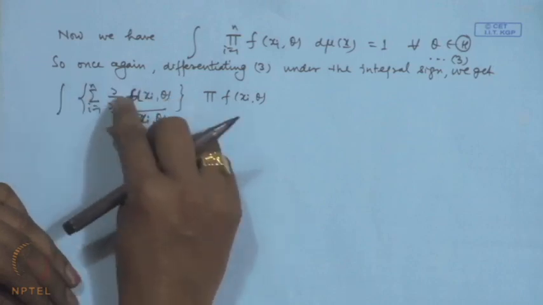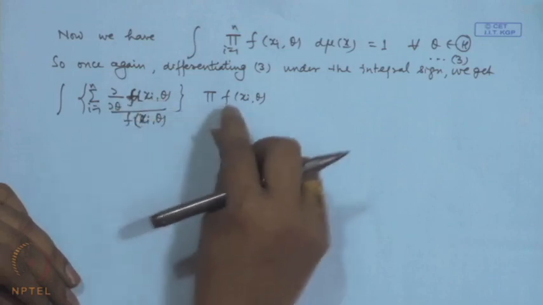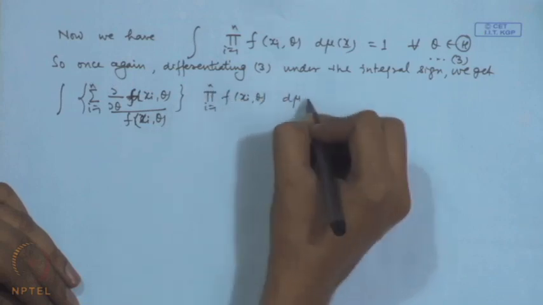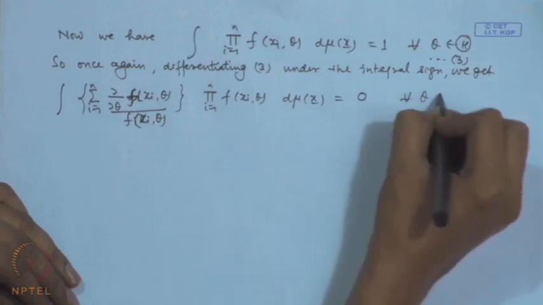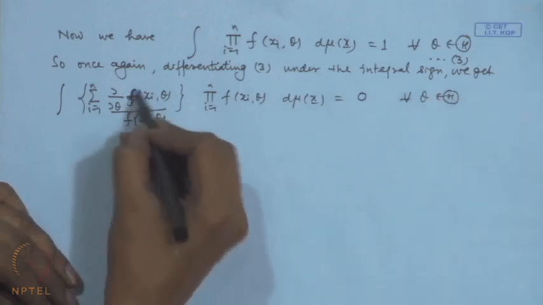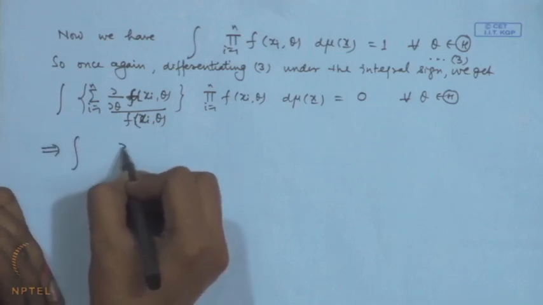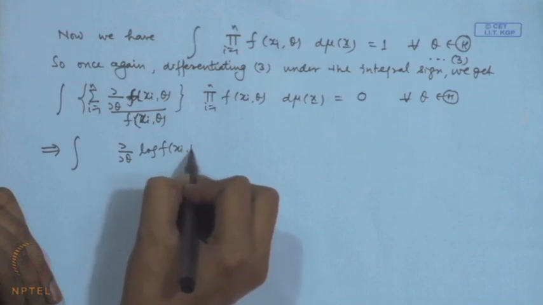So, this becomes sigma del by del theta f x i theta by f x i theta, product f x i theta d mu x is equal to 0. Now, this term I can write as del by del theta log of f x i theta.